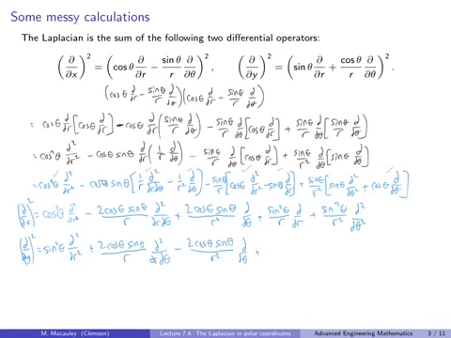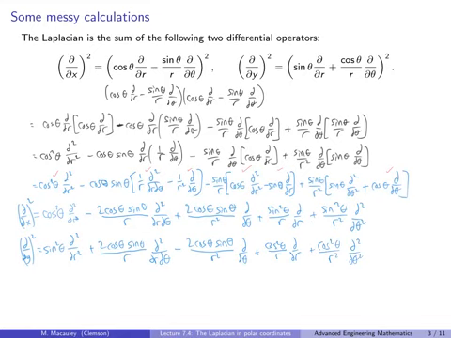And then instead of a sine squared here, you get a cosine. I'm lining these up vertically so you can compare them. So you end up getting a cosine squared of theta over r times d dr. And then you get a cosine squared of theta over r squared times d squared d theta squared.